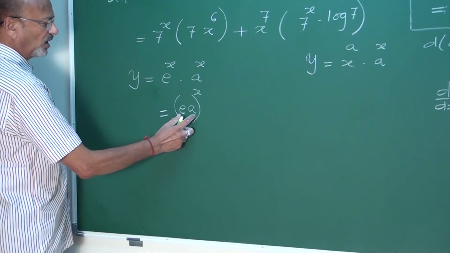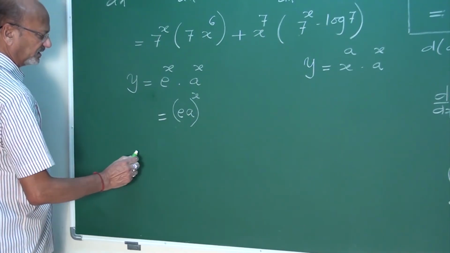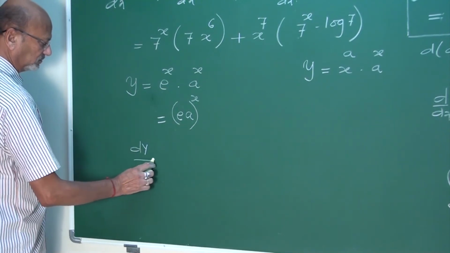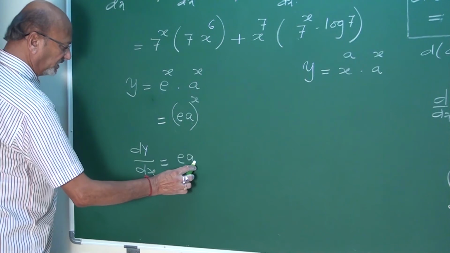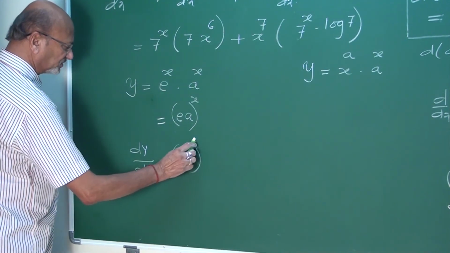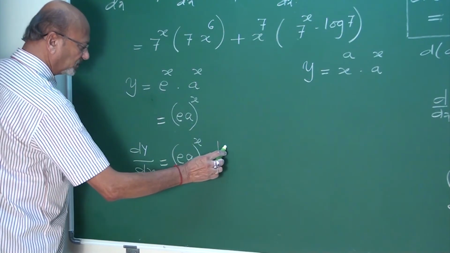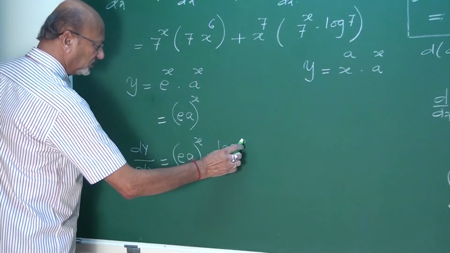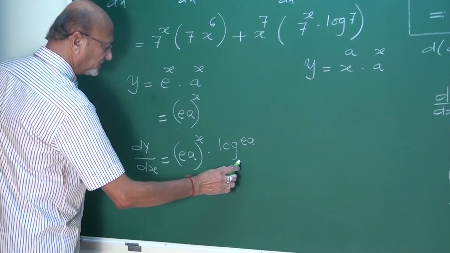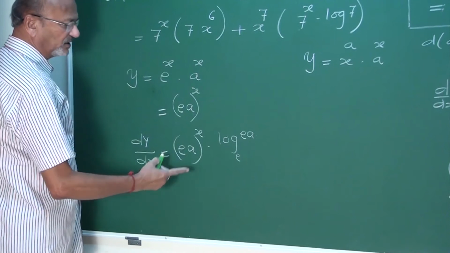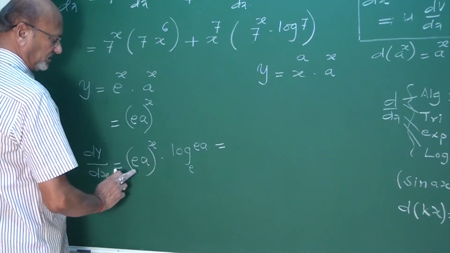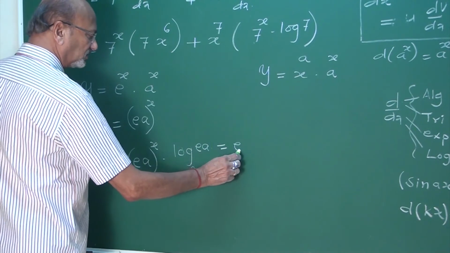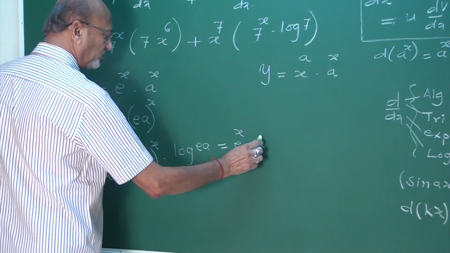Instead of a, you have ea, right? dy by dx equal to ea to the power x as it is into log of the base. What is that base? ea, base e. Base is not written means base is a.